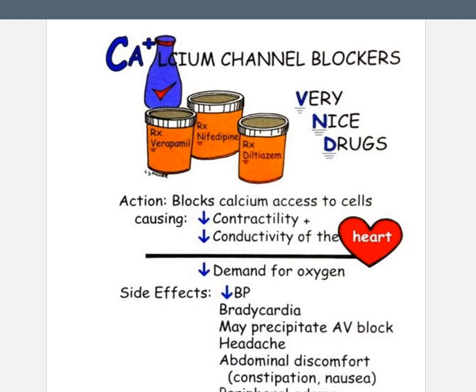So these are pretty much according to this little cartoon that I have up here on the PowerPoint. Blood pressure is probably the biggest one. Bradycardia may precipitate AV, atrioventricular, block, headache, and those are probably your biggest side effects that we see from calcium channel blockers. So obviously before we give this type of medication, you want to make sure that you're aware of your patient's blood pressure, heart rate, and respiratory rate.